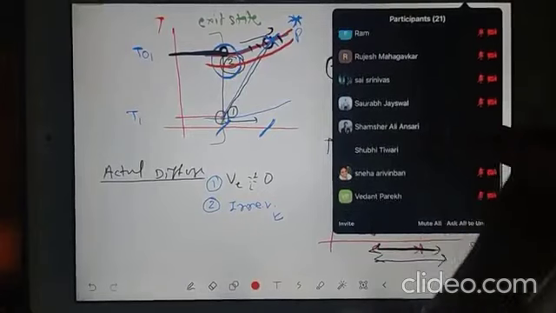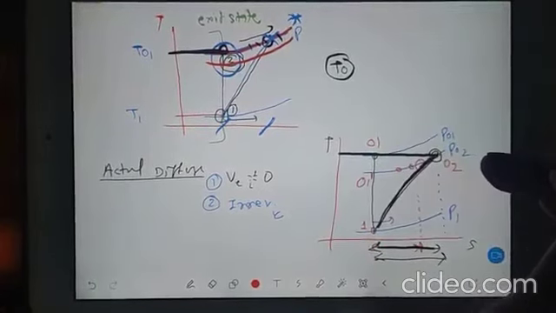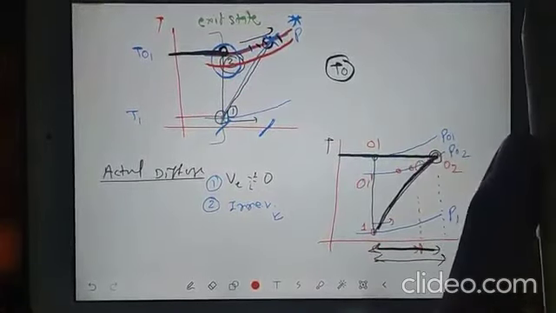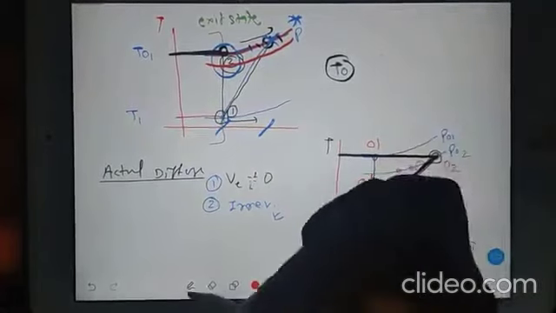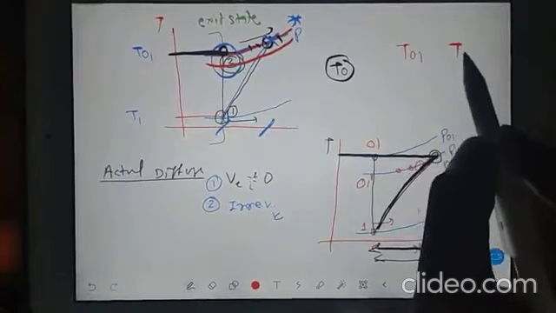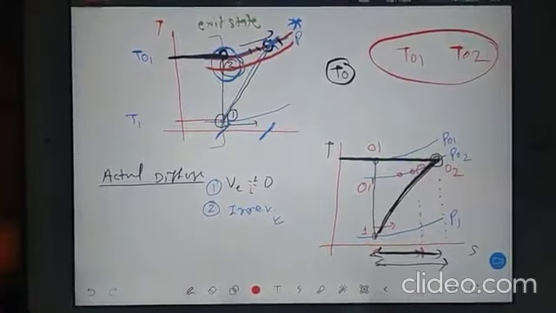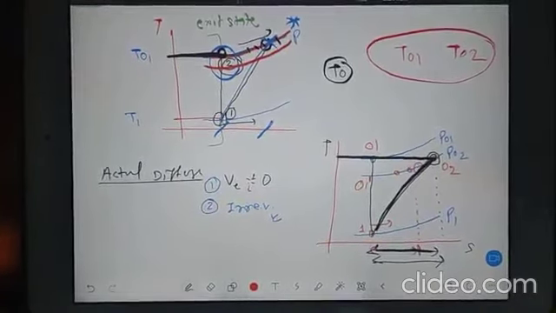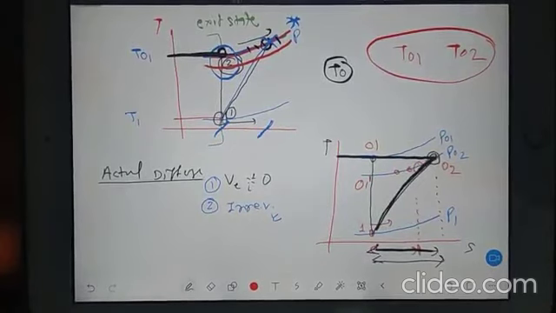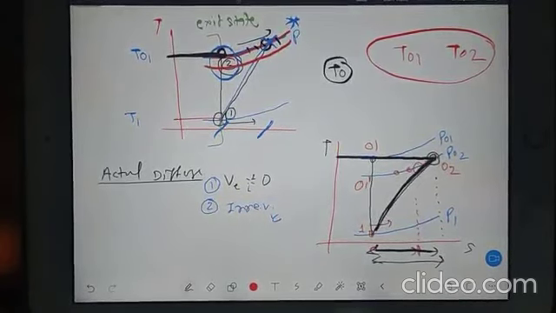Okay. Shubhi, will you try your question? Question is, how will you compare T01 and T02? Which will be more, which will be less? I didn't listen properly. I think network issue. Say again.